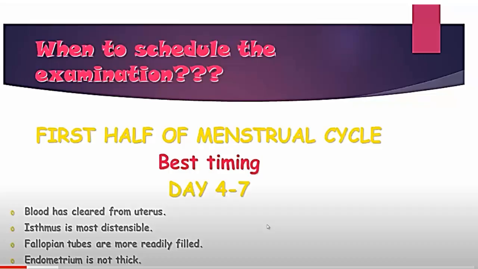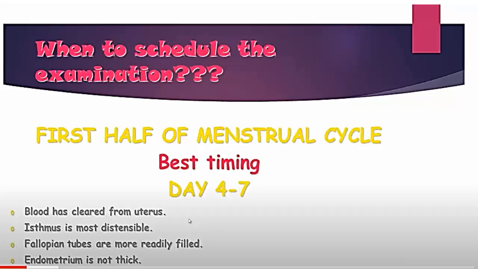But to me, this depends on the cycle of the female. If the female has a 28-day cycle, the ovulation is about to occur at 14 days, so we must do it 1 day after the end of menses. The best timing is 1 day after the end of menses.